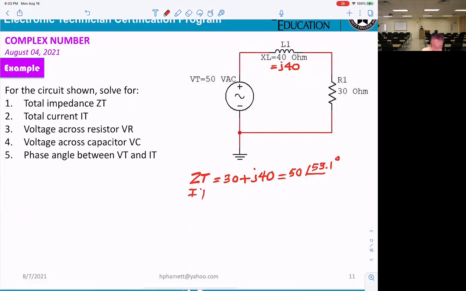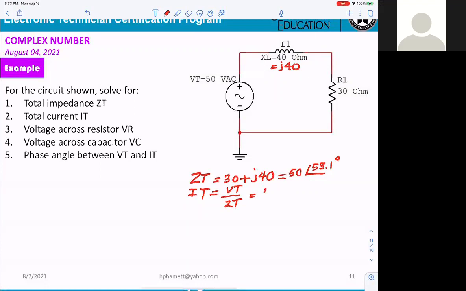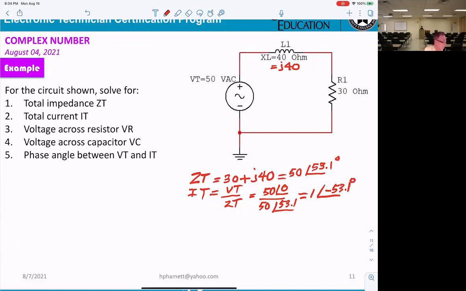IT: amplitude is 1, angle minus 53.1. Between IT and VT, which one is leading?